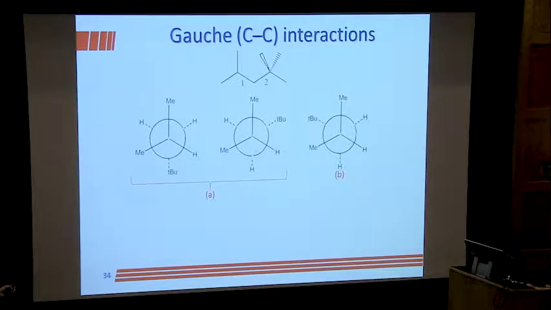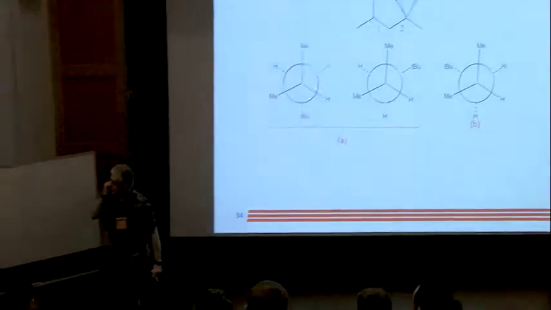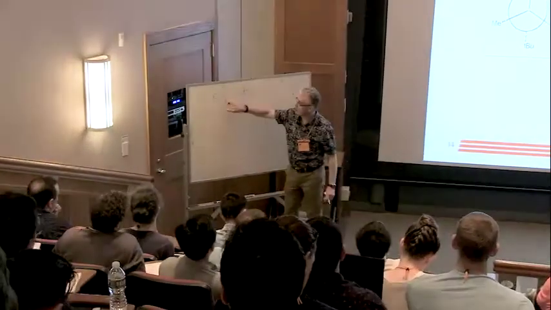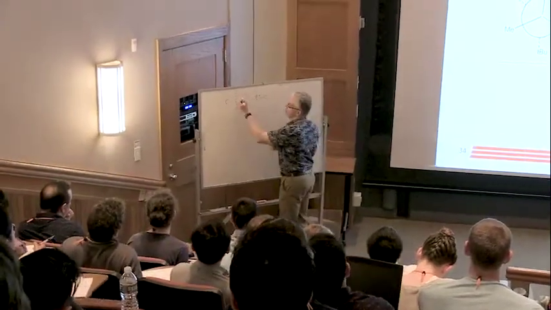And if we look at it, this whiteboard is really too small, but I'll draw it up here now. 1, 2, 3, 4, 5, 6, 7, 8. Okay. So now, let's look across this bond.